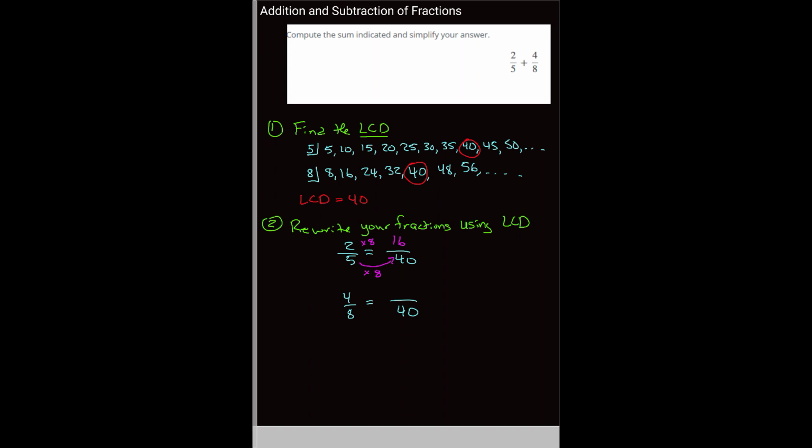All right, let's try this one more time on the next fraction. 8 times what gets us 40? Well, 5. And then 4 times 5 gets us 20. So now we rewrote both of the fractions using the same denominator.